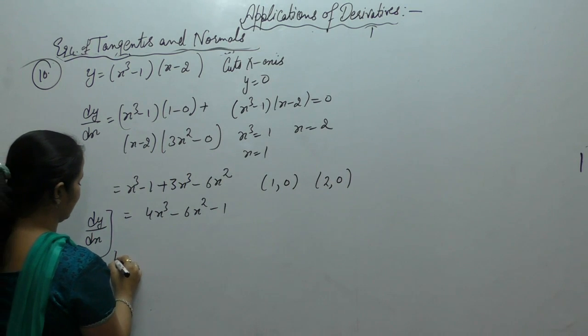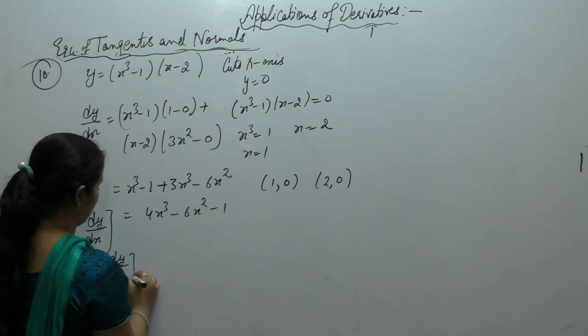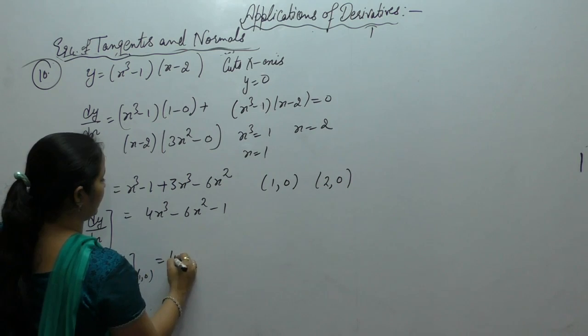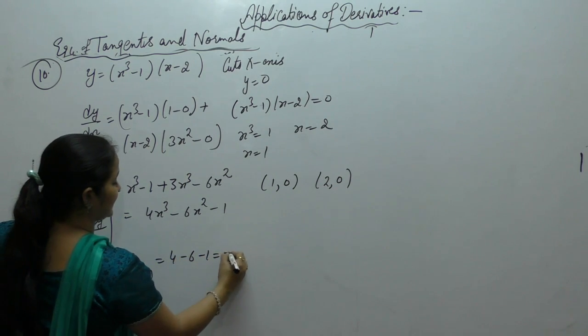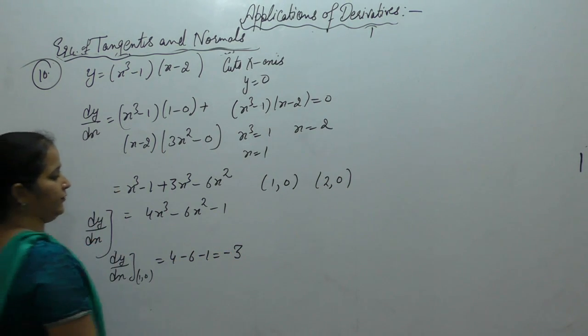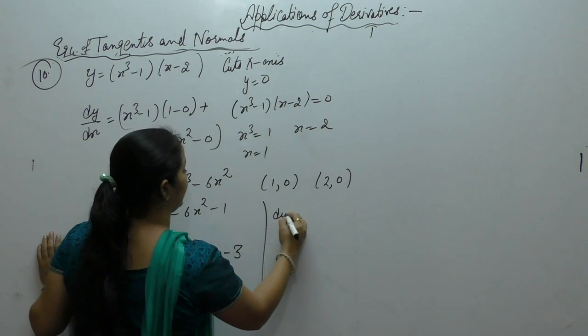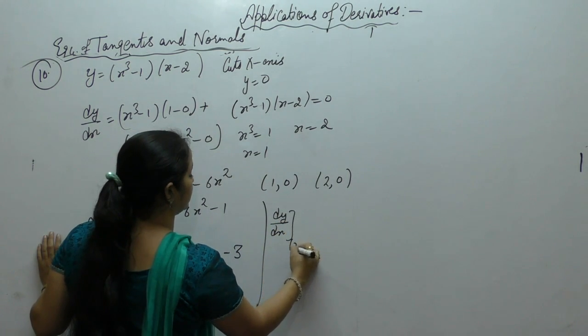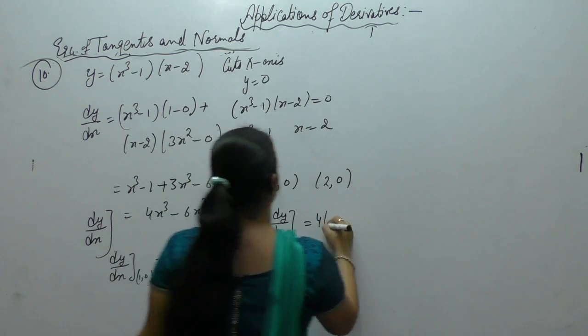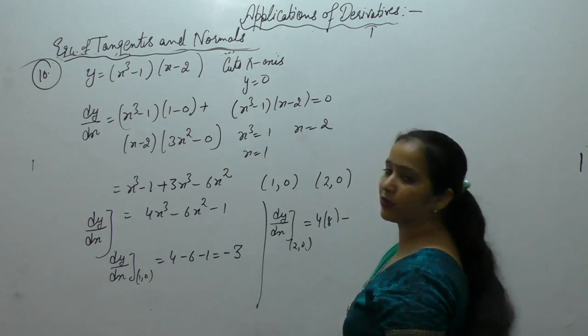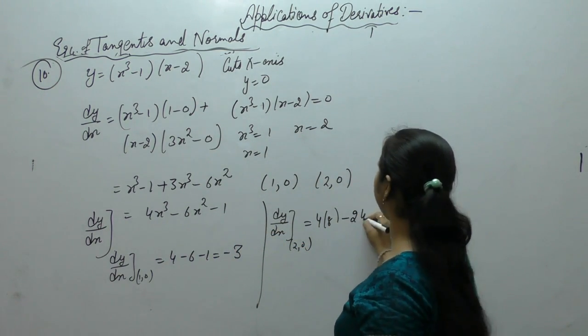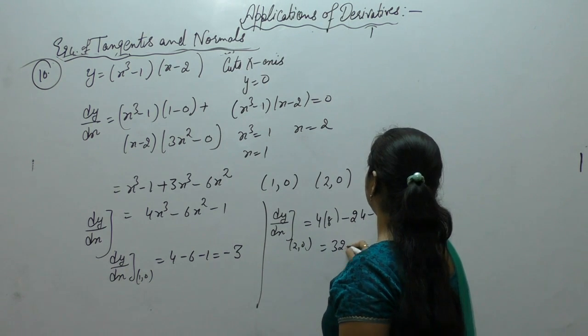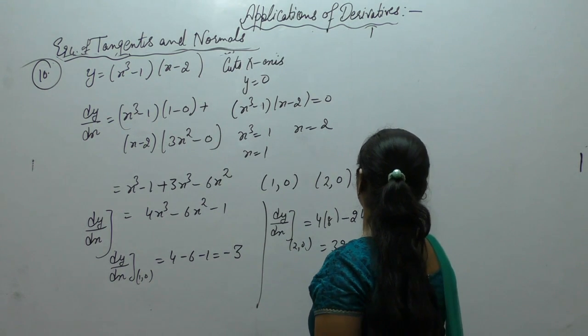When x is 1 and y is 0, 4 into 1 minus 7, which is minus 3. Dy upon dx at 2, 0: x is 2, 2 cube is 8, 4 into 8 is 32, 2 square is 4, 4 into 6 is 24, minus 1, so 32 minus 25, which is 7.